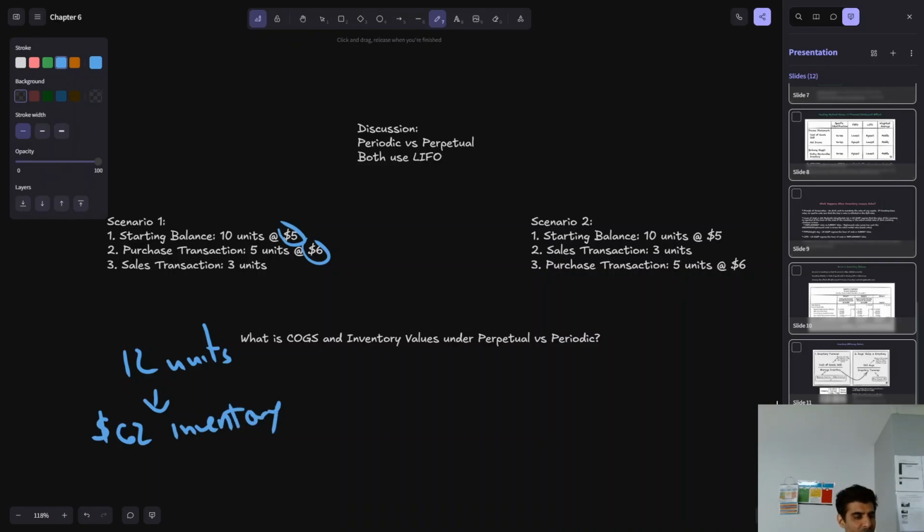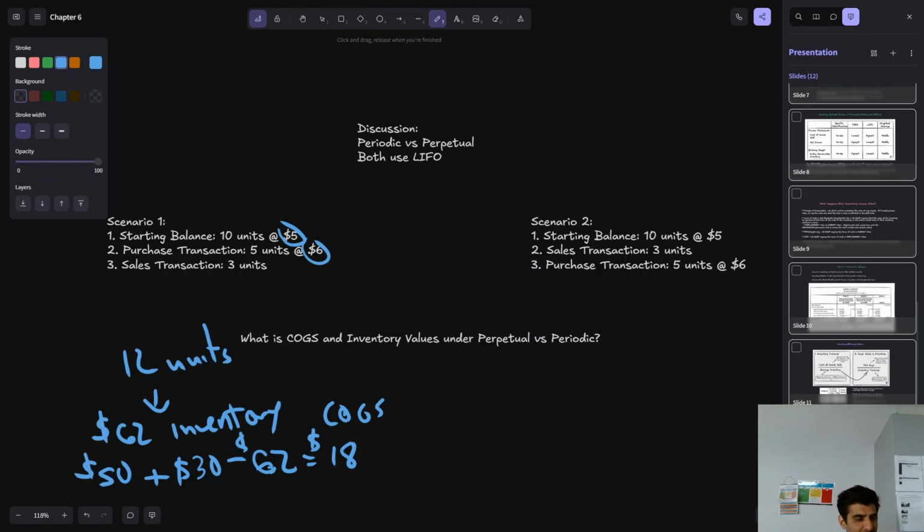And so what we would do is we take the beginning balance, $50, right? 10 times 5, plus your additions, which is $30, minus our ending balance of $62 equals our cost of goods sold, which is what? 80 minus 62 is $18 cost of goods sold.